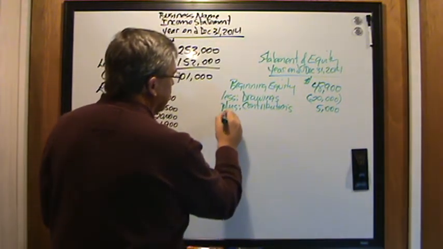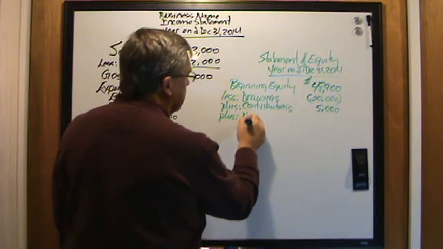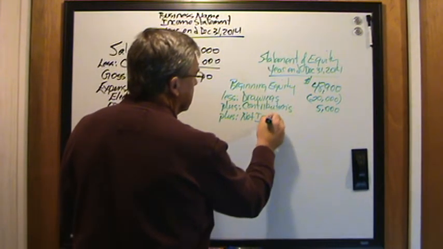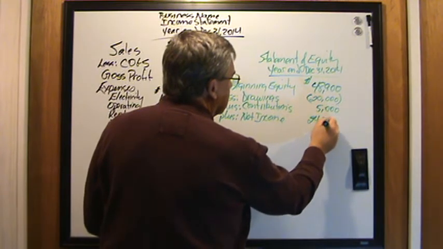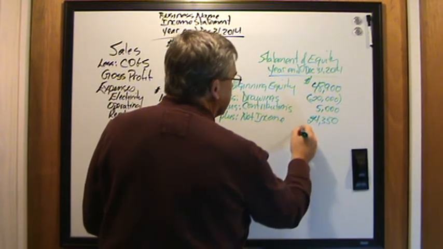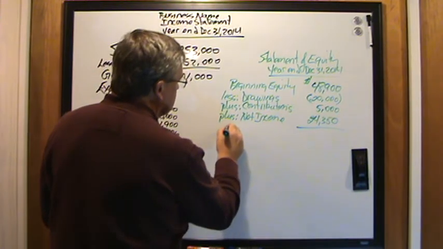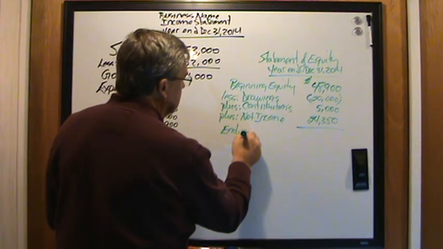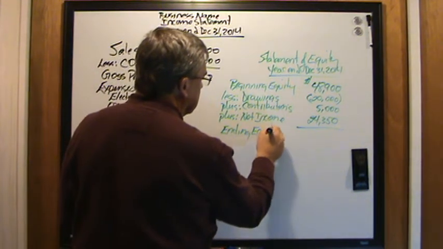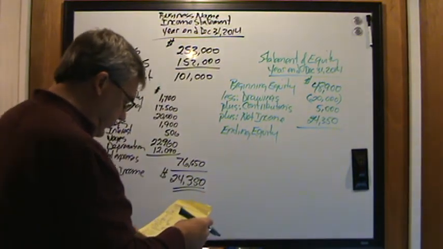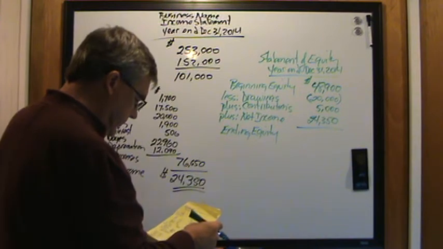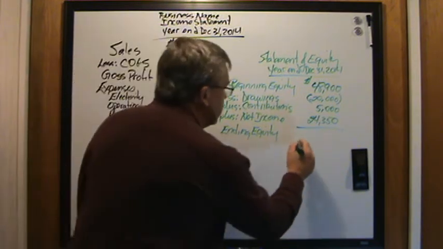And we also had net income of 24,350. So our ending equity number is 58,250.